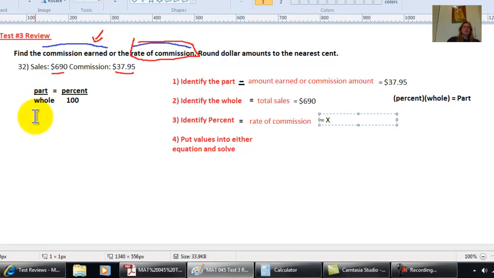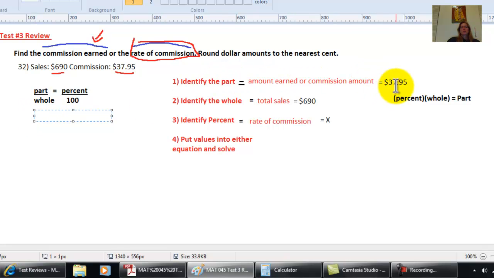So let's plug numbers in. For the part, identify the part, $37.95. And that's going to equal the percent, which is not given because that's the rate of commission. So we put an X. So X goes where percent is supposed to go.